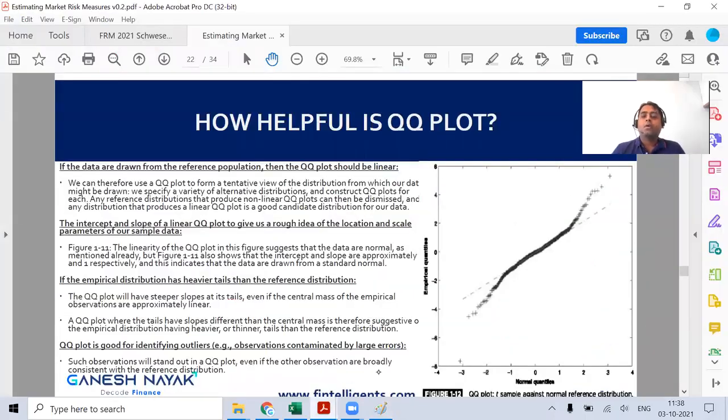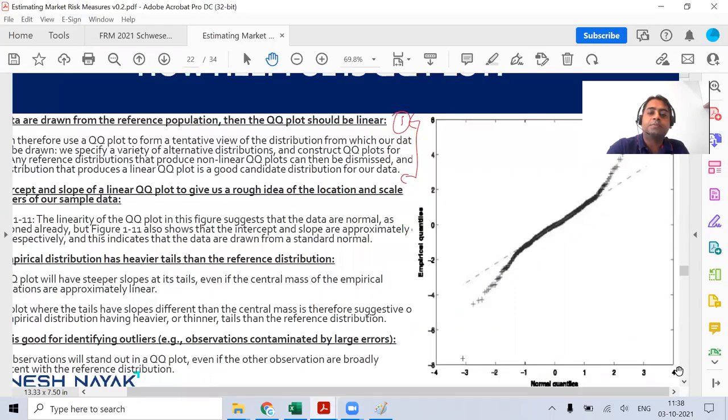Okay. Now, this was the basic. We talked about one of the ways through which your QQ plot is going to help you. If I go toward the first point, it is talking about the same thing. I hope everybody is able to see the screen properly. If you want, I will zoom in on the first point.